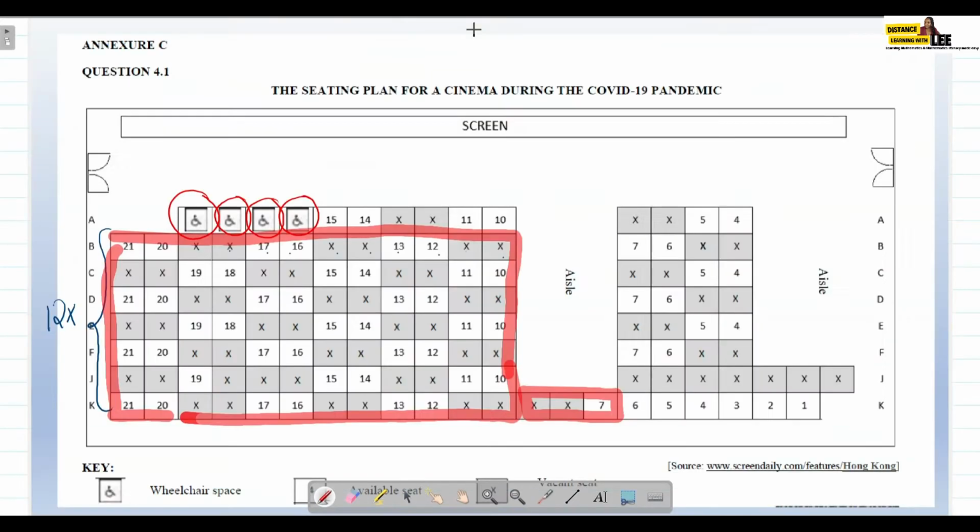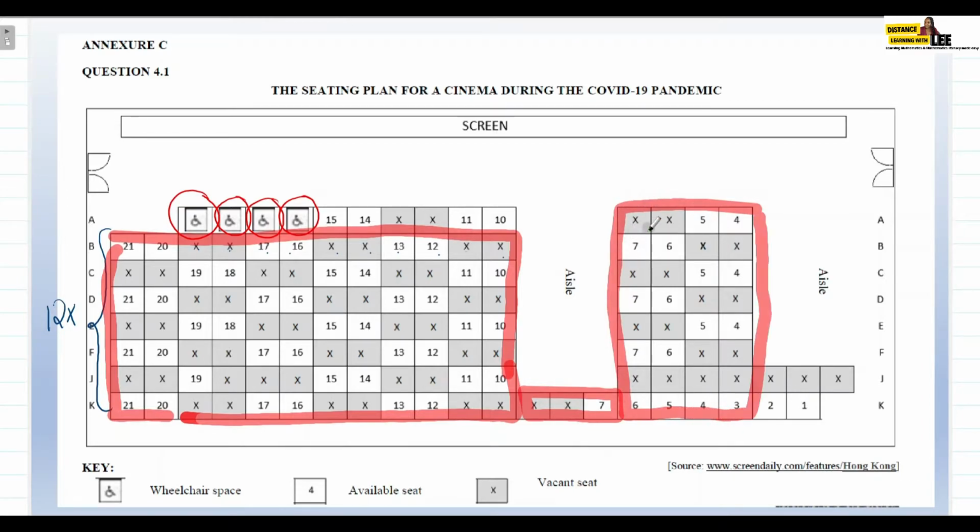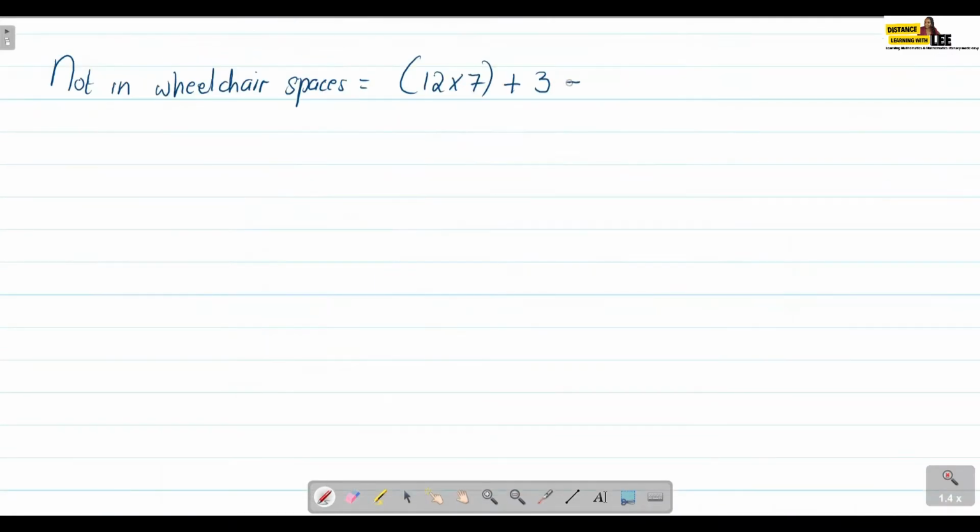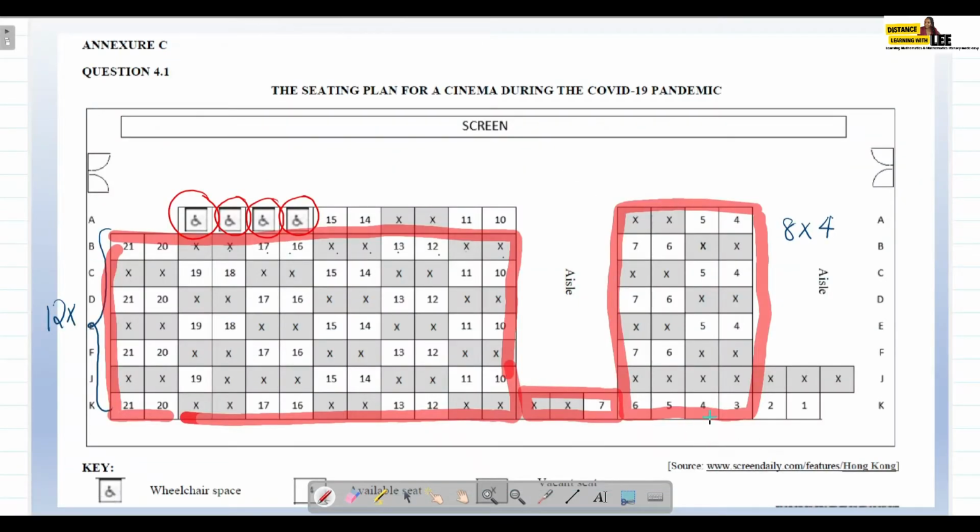Then we're going to count that part there, where we can see 1, 2, 3, 4, 5, 6, 7, 8 rows. So it's going to be 8 multiplied by how many seats do we have in that row? 1, 2, 3, 4. So 4. So we write that down, plus 8 multiplied by 4. So then we know we've covered that area.